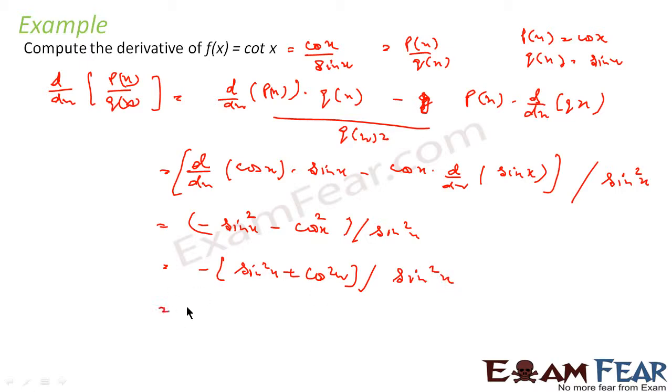So sin square x plus cos square x is equal to 1. So this becomes minus 1 by sin square x. So this becomes minus cosec square x. Thus we have used the formula of division. d by dx of p x by q x is nothing but d by dx of p x into q x minus p x into d by dx of q x, by q x square.